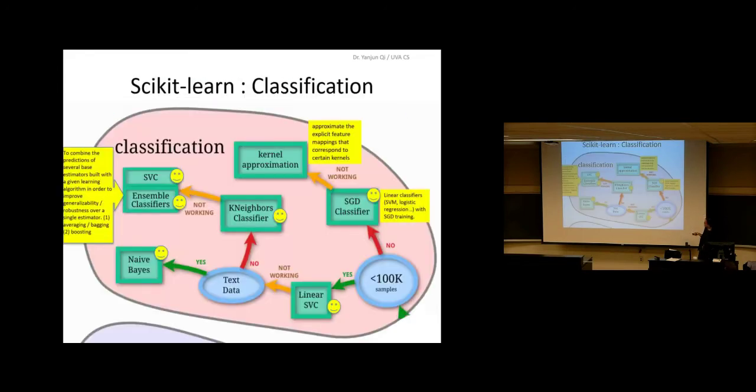Also, the linear support vector classifier is a very good, strong baseline to start. Honestly, here we don't put boosting or decision trees, but if I were the author of this, I would put boosting here because boosting is a very, very good strategy. It should have a position here.